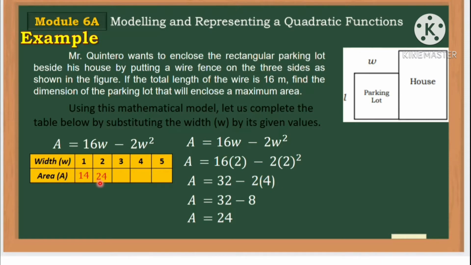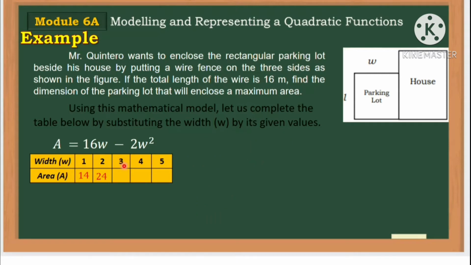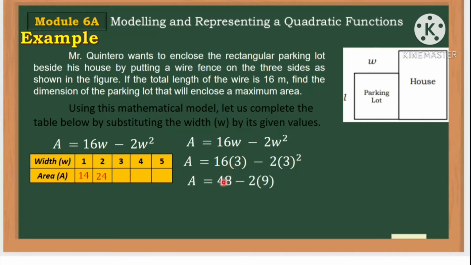Gets? Next, paano pag ang width ay 3? So, itong W, palitan mo ulit ng 3. Ngayon, simplify ito. 16 times 3 will give us 48. And ito, square mo rin. 3 times 3 is equal to 9. Okay? Bakit siya nagiging ganyan?